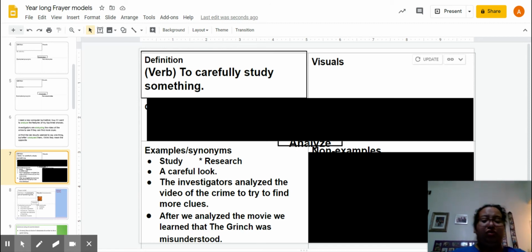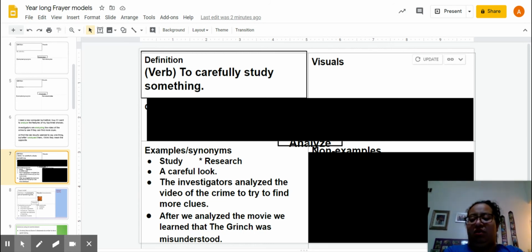And then after we do the synonyms or the words, I like to have beautiful sentences that show the meaning of the word. So I chose the sentence about the investigators, right? The investigators analyzed the video of the crime. Or you could change it. You could say the investigators analyzed the crime scene to find more clues. Okay? I don't want baby sentences that are only like 5 words long, and I don't want sentences that include the word but don't explain it.